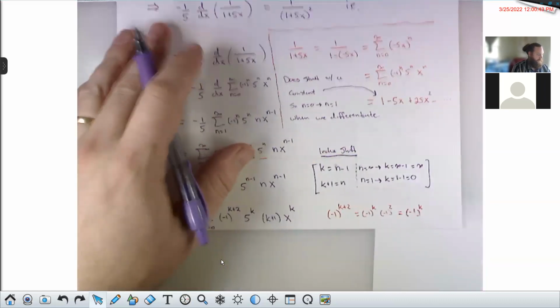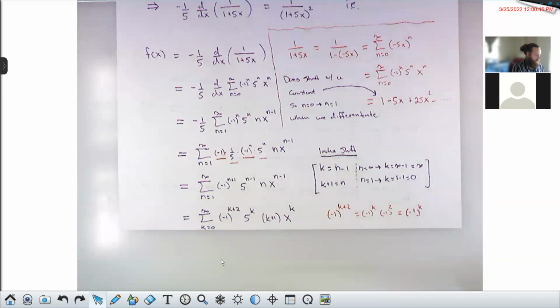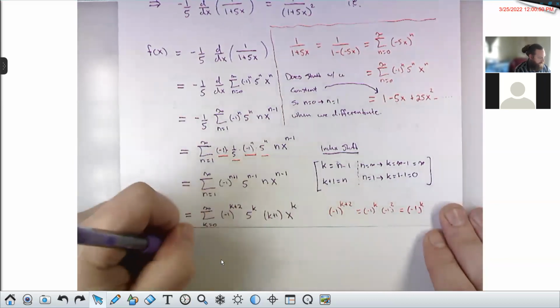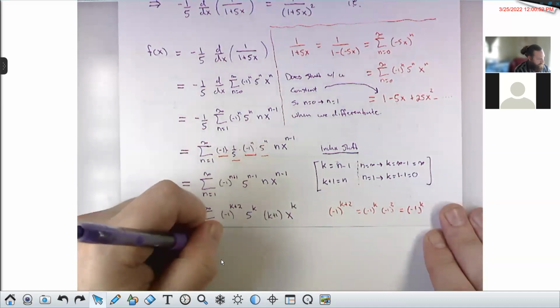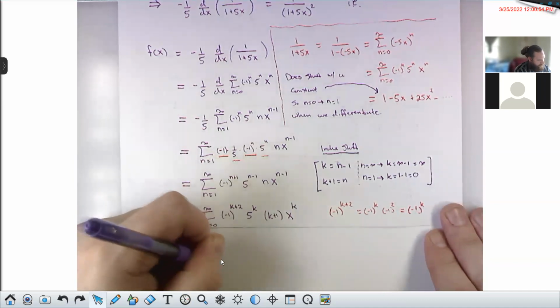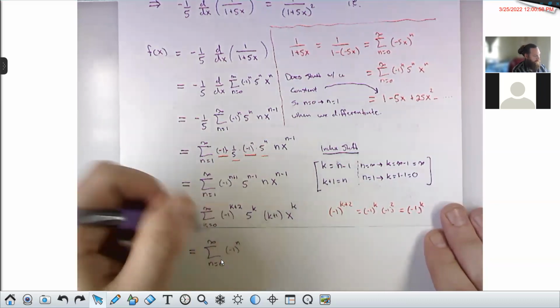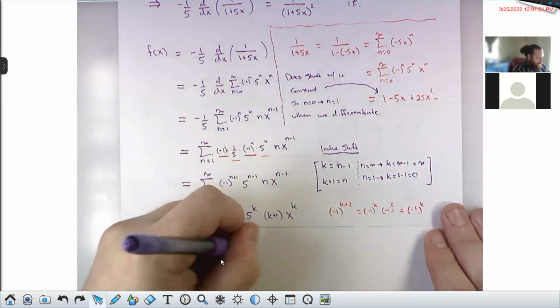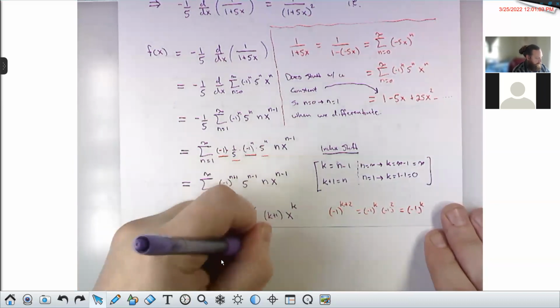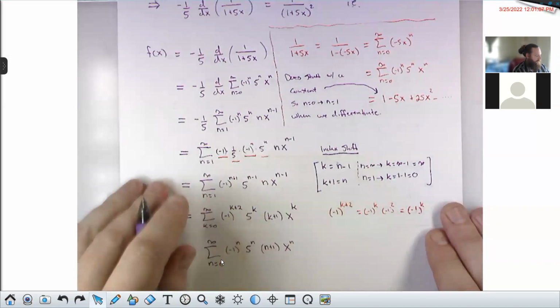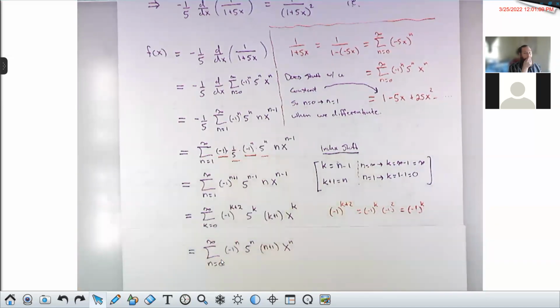That means I can rewrite that very first piece as just negative 1 to the k. And then I'm going to switch everything back to n's because it's a dummy variable. So I get sigma n from 0 to infinity, negative 1 to the n, 5 to the n plus 1, x to the n. And that would be your final answer here.